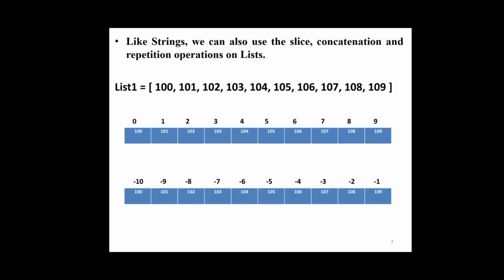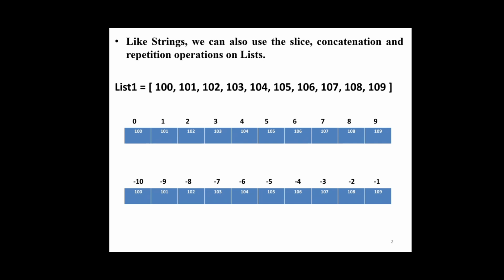In this case 10 elements are there, so the last index value is 10 minus 1, that is 9. So list1[0] means 100, list1[1] means 101, list1[2] means 102. In the same way, list1[9] means 109.